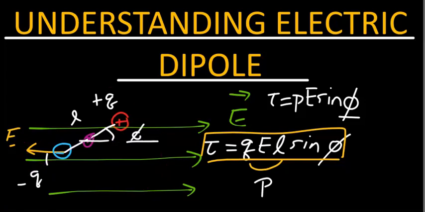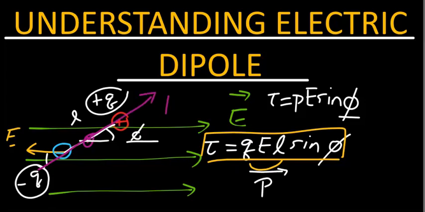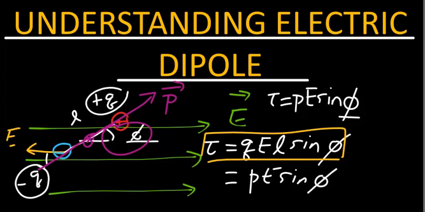Dipole moment is a vector. The direction of this dipole moment extends from the negative charge to the positive charge, along that line. So you can see the angle between P and E is indeed phi. So in terms of magnitude, the torque is P E sine phi.